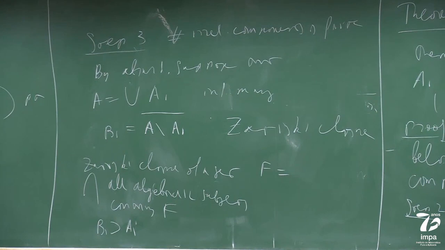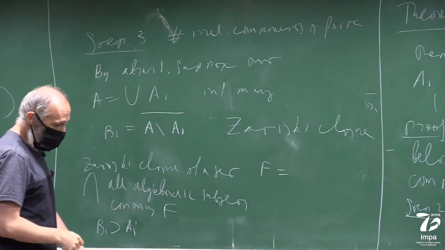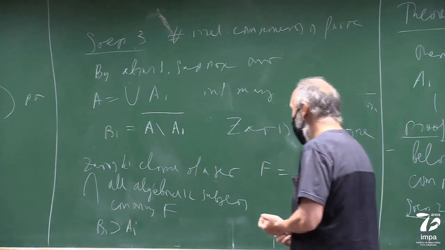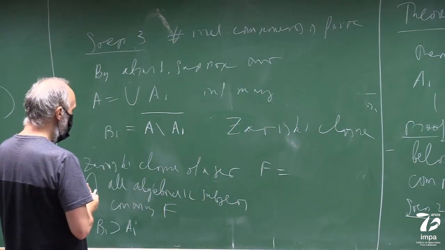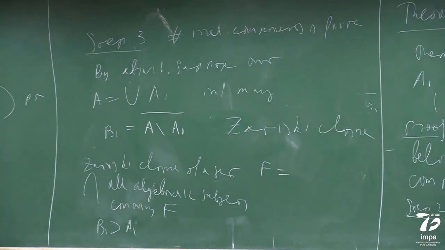So suppose you have this AI. There exists a function which vanishes on AI and doesn't vanish on the rest.